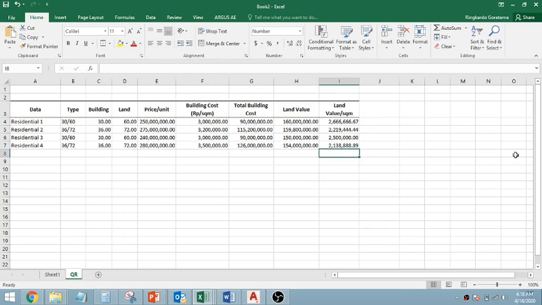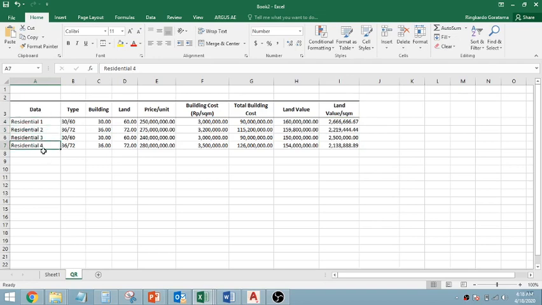Okay, so when we want to use the assumption of how much is the selling price for the subject property if we develop residential housing, we're not doing the average of this pricing, because all of the comparables have different characteristics.